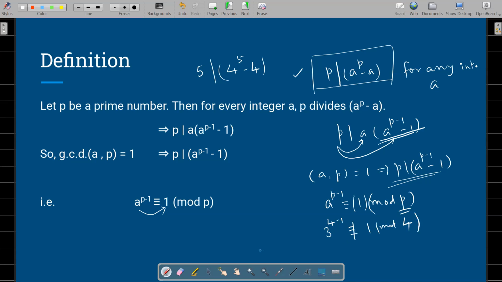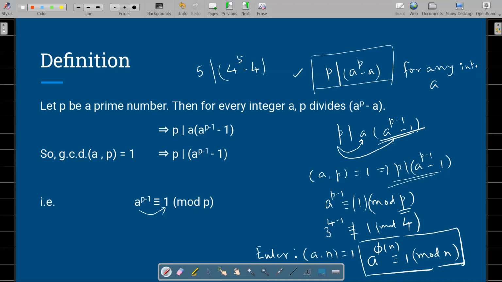And what Euler proved was Euler's generalization of Fermat's theorem: if GCD of a and n is 1, then a raised to phi of n is 1 mod n. Since phi of p is always equal to p minus 1, Fermat's theorem is a special case of Euler's. So if n is prime, then phi of n will be n minus 1.